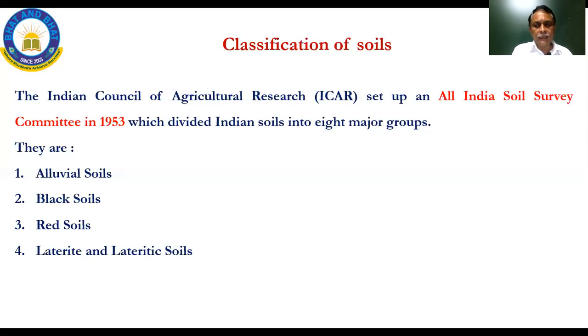So this classification of the soil and the description in these 6 parameters is common for all the 4 types of soil. Okay, so let us look at the first type, which is alluvial soil.